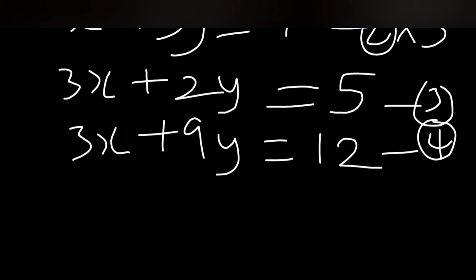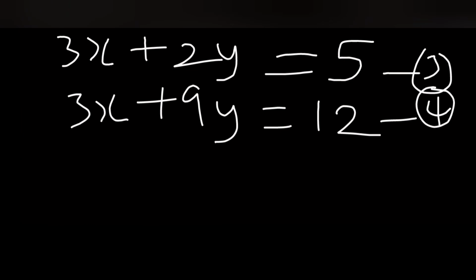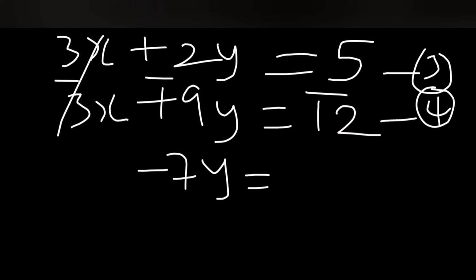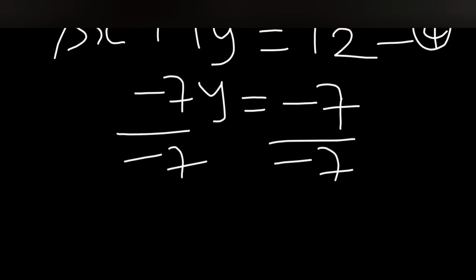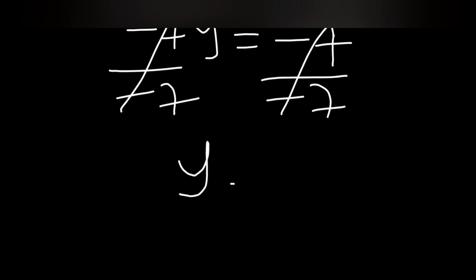For those of you that know how to use your simultaneous equation, you can attest to this. Now we can subtract equation 4 from equation 3. So the 3x will cancel out. 2y minus 9y is going to give minus 7y. Same goes here, 5 minus 12 is going to give you minus 7. So we divide both sides by minus 7. This cancels out this, so in that case, your y is going to be 1.